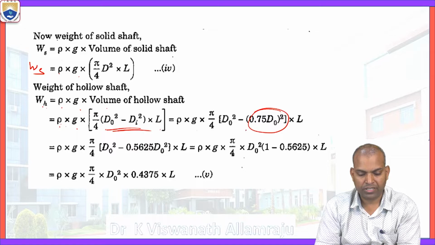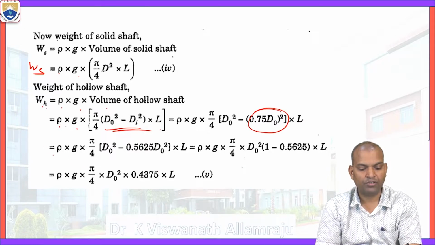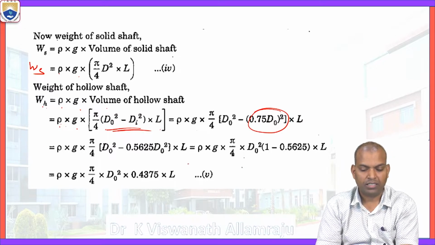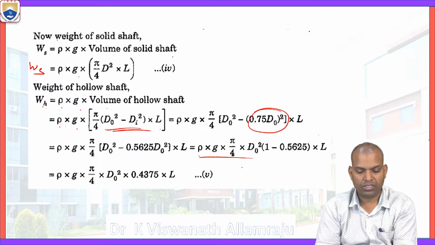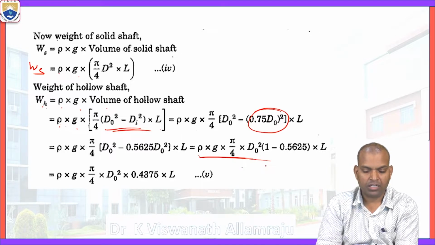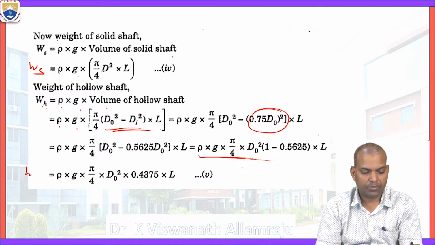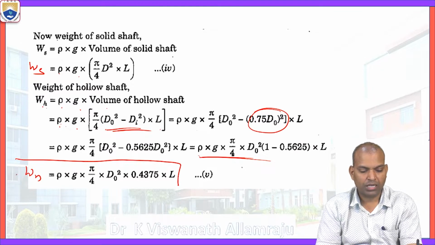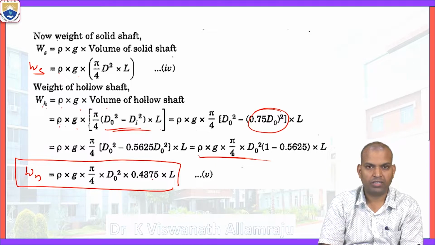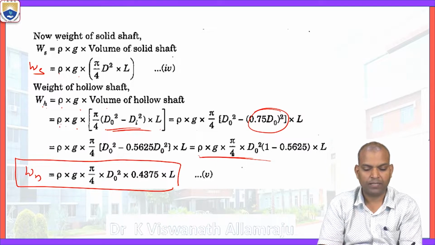Simplify it and we get the value in terms of D naught square: rho g times pi by 4 D naught square into (1 minus 0.5625) L. So 1 minus 0.5625 is 0.4375. This is Wh, that is rho g times pi by 4 D naught square into 0.4375 times L.